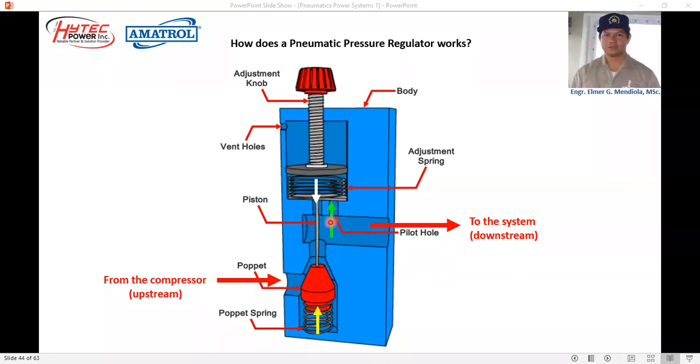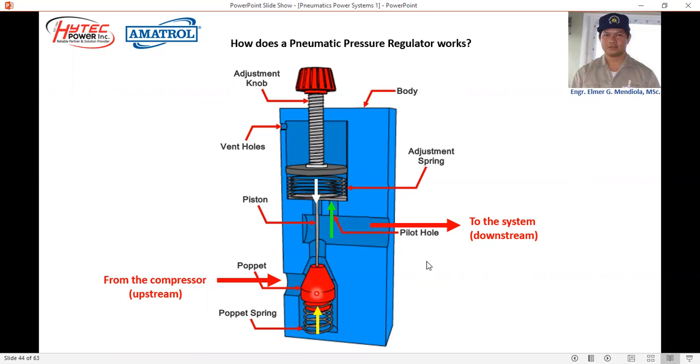So this pilot force here will increase because the pressure from the compressor is quite high. Once this increases, it will push the downside of the piston upward, overcoming the downward force created by the spring and controlled by the adjustment knob.